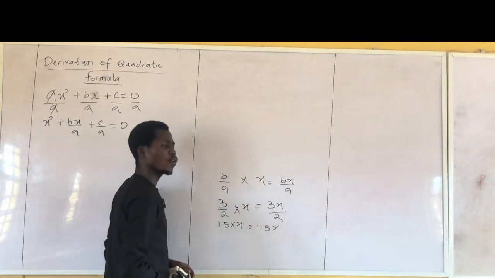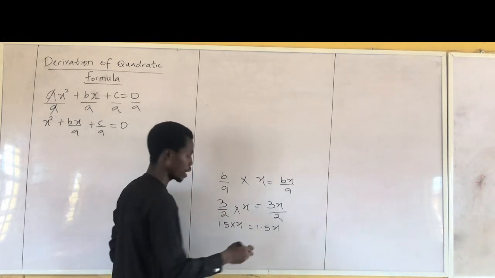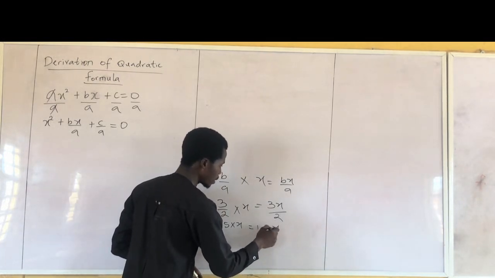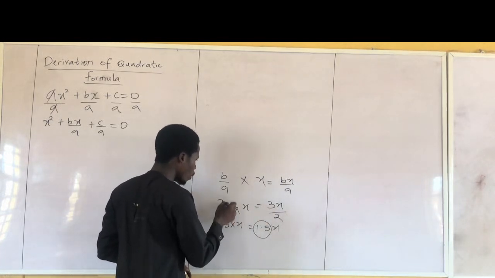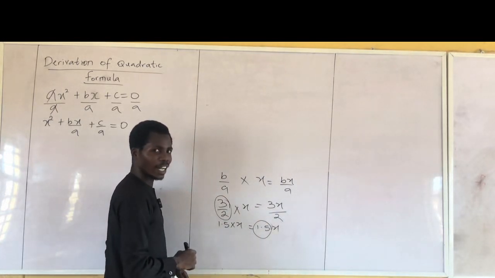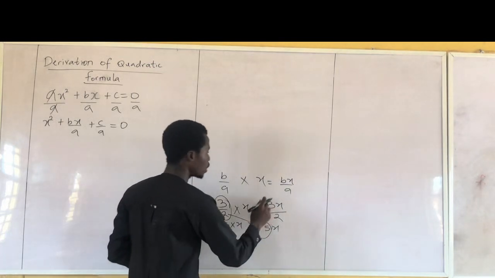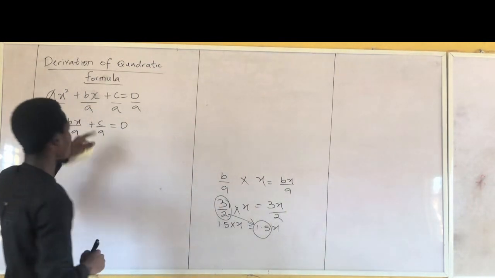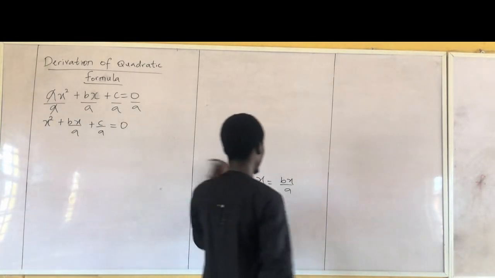What is the coefficient of x here? Like I said, the coefficient of any letter is the number behind it. The number behind this letter here is 1.5. If this applies for this, then it also applies for this. Can you see it? Looking very much similar. So that means the coefficient of x here is b over a. That makes it very much easier.